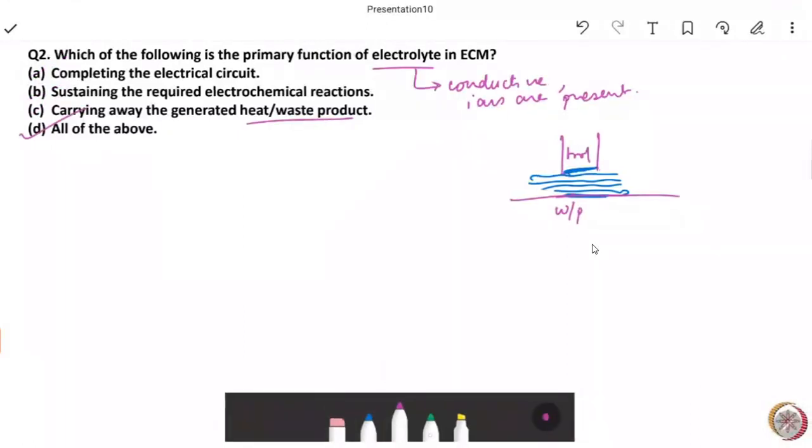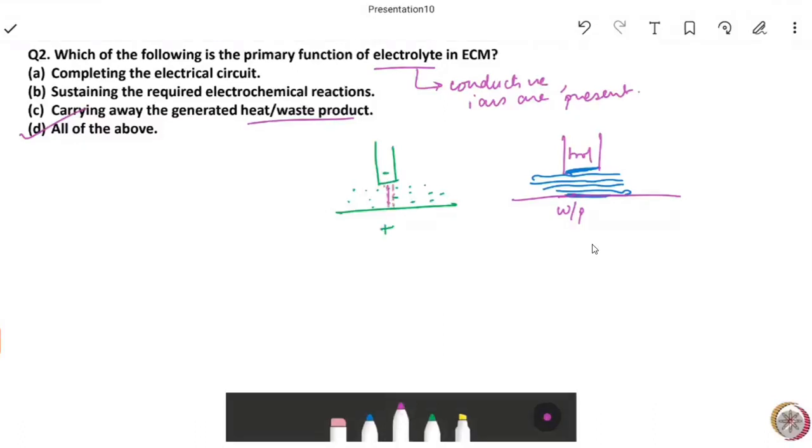If you notice another thing here, if this is the tool, this is the workpiece, and here we have electrolyte, the current density is along the central region.